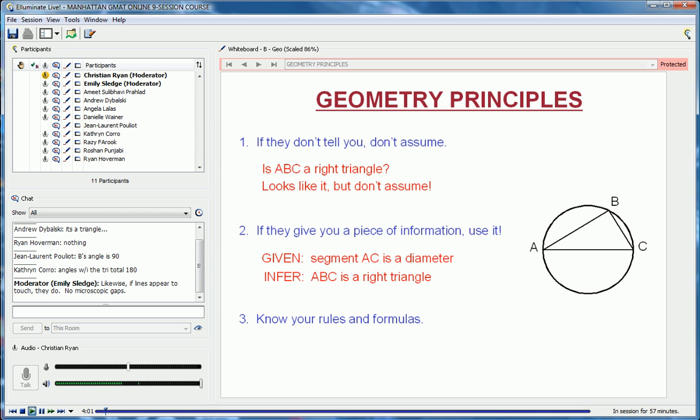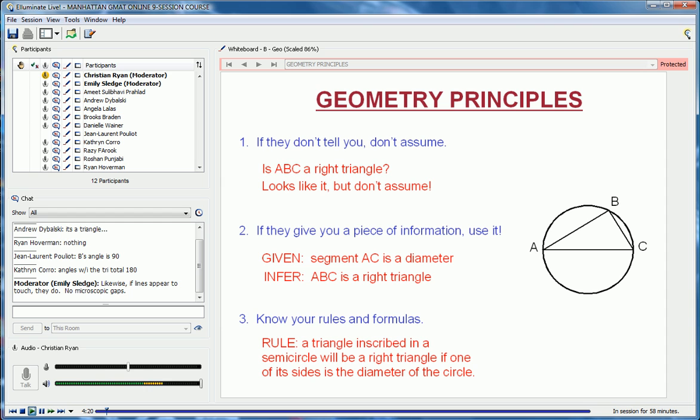Third general principle, you just got to know the rules. You don't want to be re-deriving, what's the area of a circle? Is it 2 pi r or is it pi r squared? No, you just got to know it, okay? Last thing you want to be doing on the exam is trying to sort of re-derive rules like that. So this rule, for instance, that a triangle inscribed in a semicircle is a right triangle, where one of the sides is the diameter, is one of those rules to know.